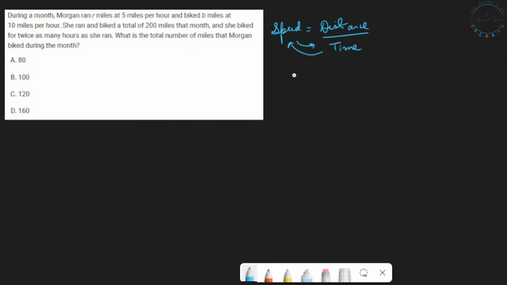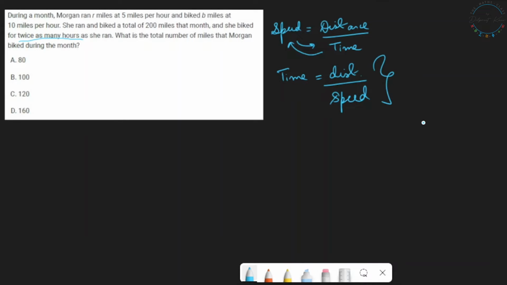Why? Because we have a condition based on time here, right? It says twice as many hours. So we have to use time is equal to distance over speed. This is the formula we are going to use here.